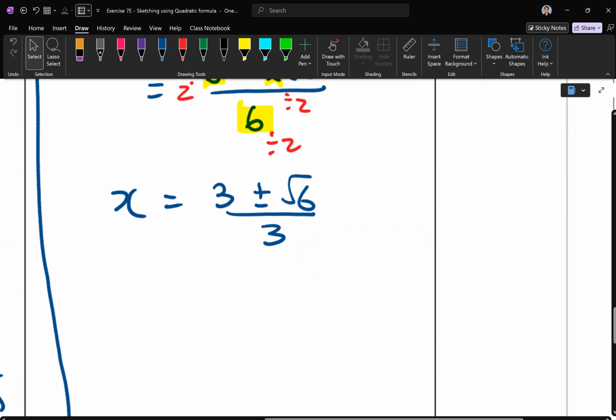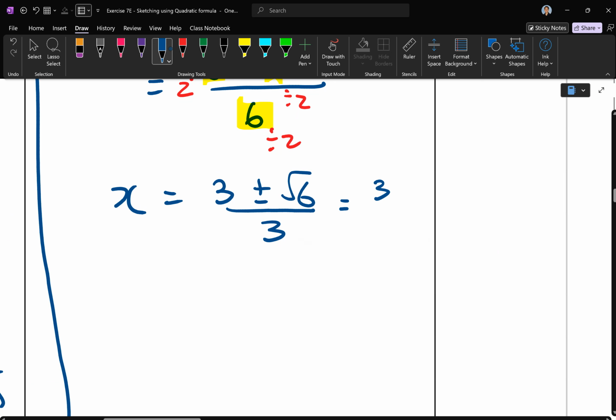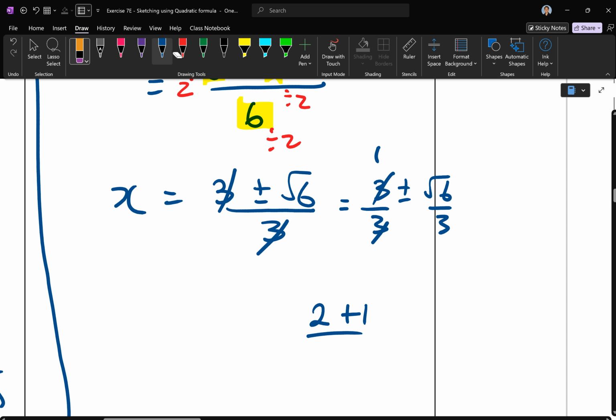No, because this is essentially saying you got 3 plus minus root 6 like that. So you can cross them out individually. This becomes 1, but this still has the root 3. So if you cross it off like this, then it's a different answer. It's almost like saying if I gave you 2 plus 1 on 3, actually, that's not a good way to explain it. Let's do 2, right?